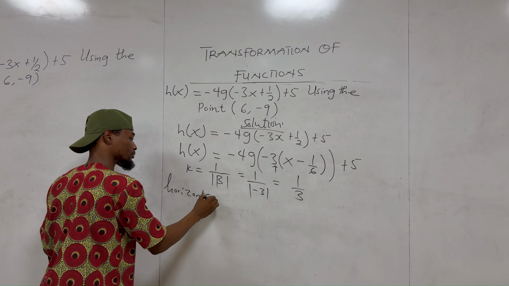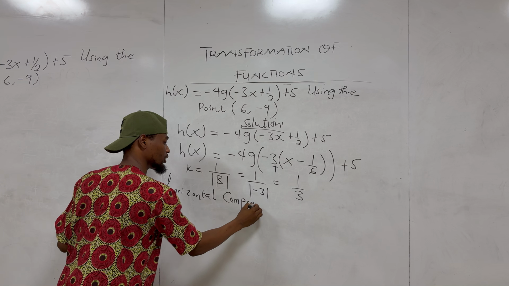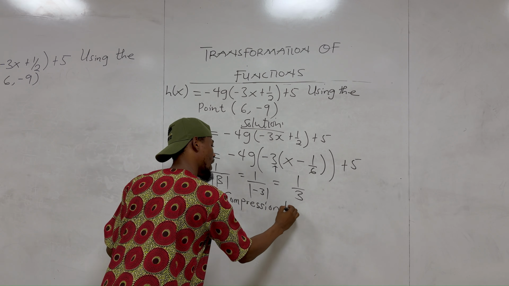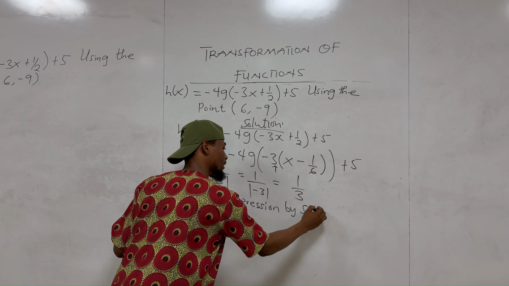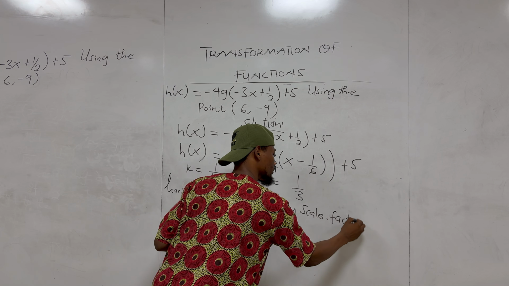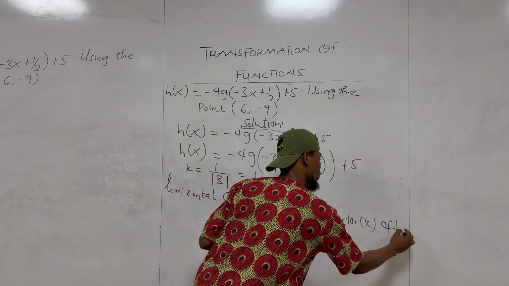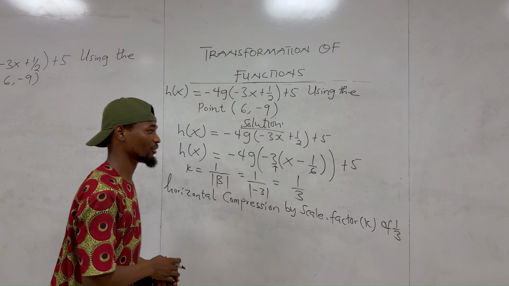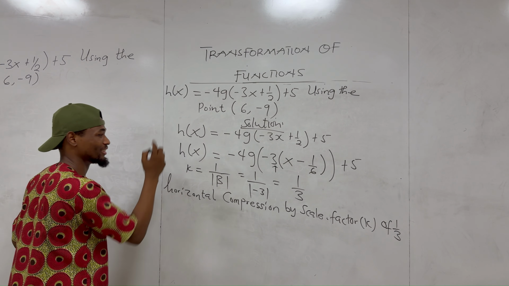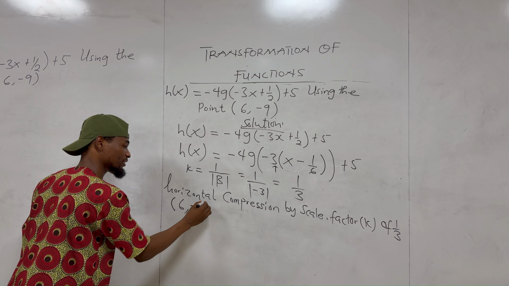So we have horizontal compression by scale factor, which is my k of 1 on 3. Therefore, given the point, we have 6 and negative 9.